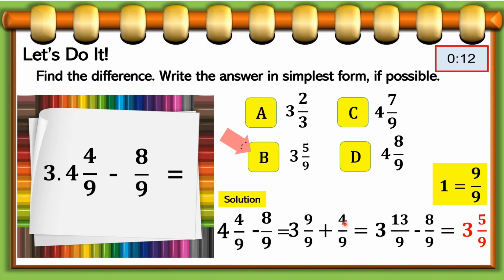So 9 plus 4 equals 13 and copy the denominator, 9. Then we're going to subtract 8 over 9. So we have 13 minus 8 equals 5 and copy the common denominator, 9. Then we have the whole number 3. The answer is 3 and 5 over 9.